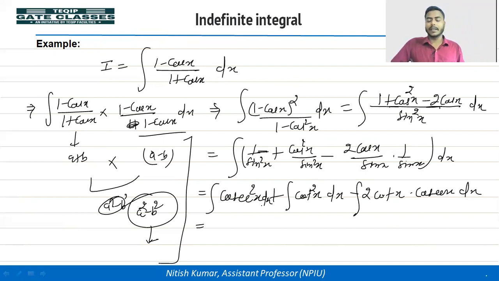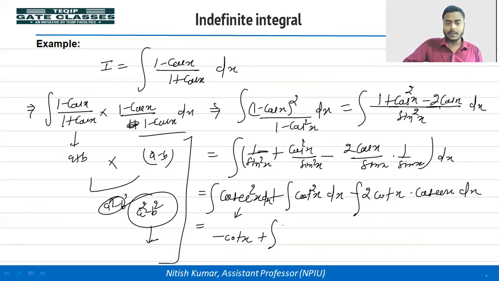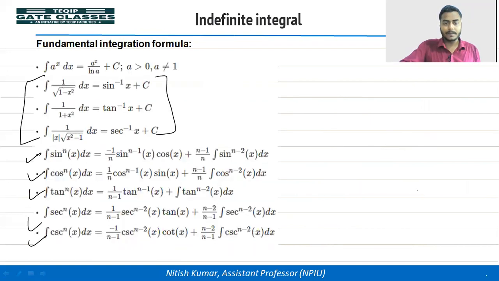From the fundamental integral formula, this will be equal to minus cot x. This we can write as integration of cosec square x minus 1 dx, minus 2 into minus cosec x. See the fundamental relation.